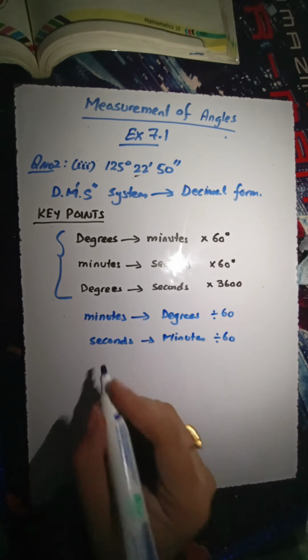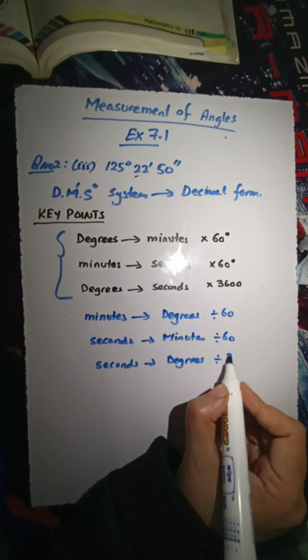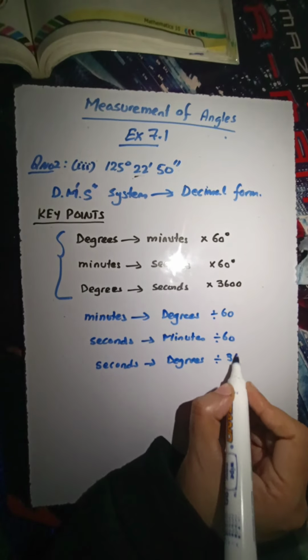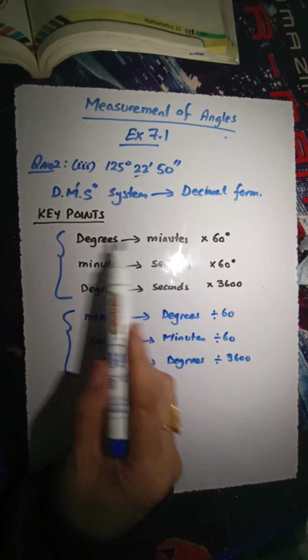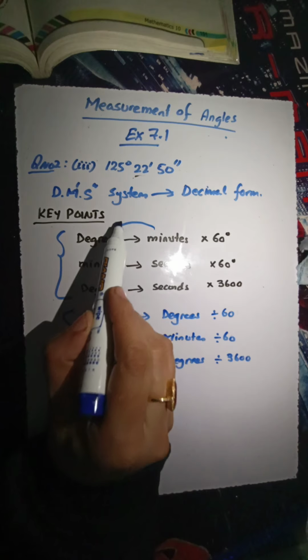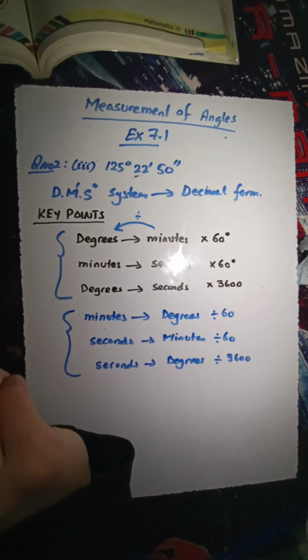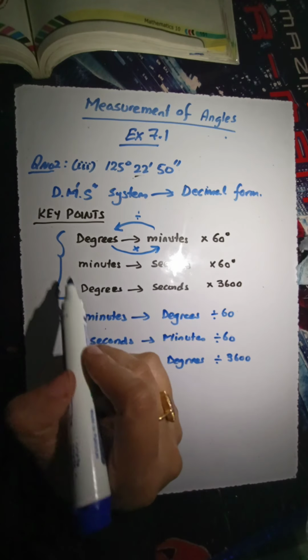And when you want to convert seconds into degrees, you are going to divide by 3600, because in 1 degree you have 3600 seconds. So always remember that from a large unit to a small unit you do multiplication, and from a small unit to a large unit you do division.